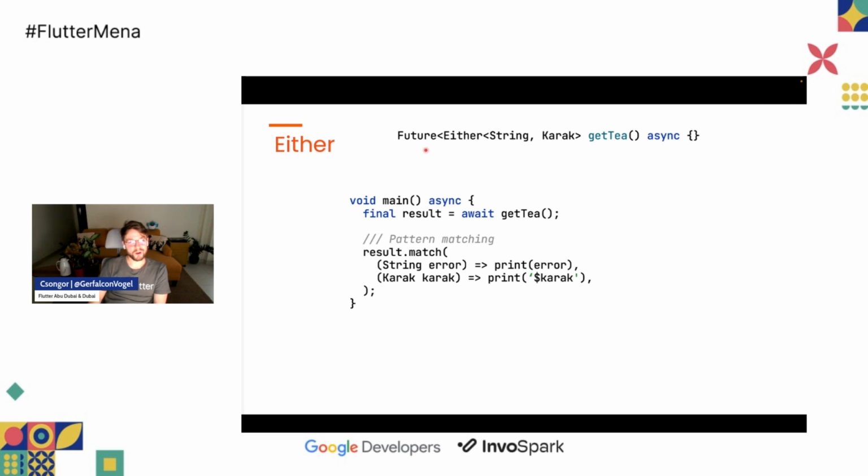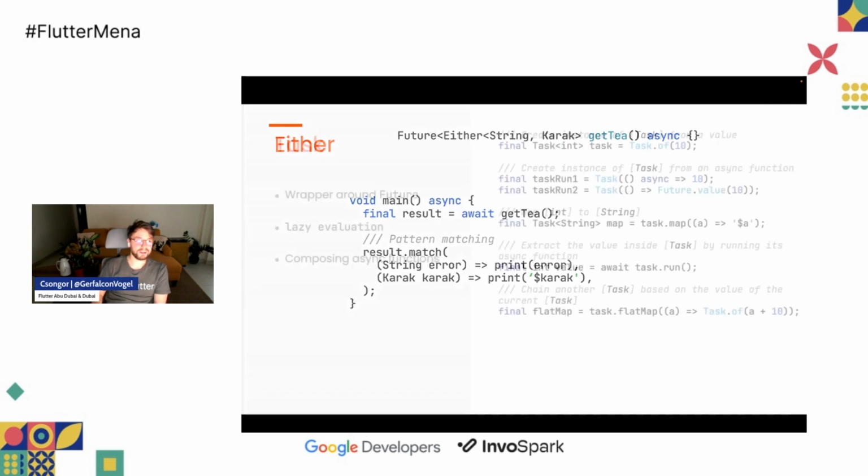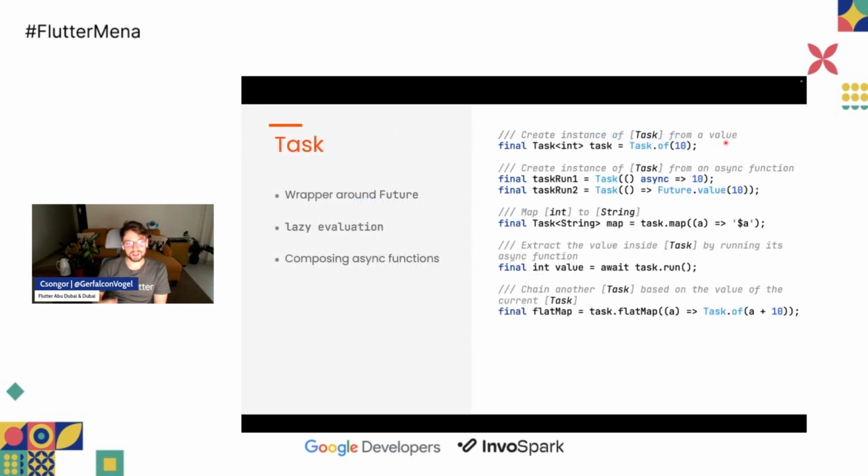So let's try to reduce this and make it more readable, so we can adopt the Task type and interface. By using the Task type, we can handle asynchronous operations, so more time-consuming operations can also be migrated from the Future type to the Task.